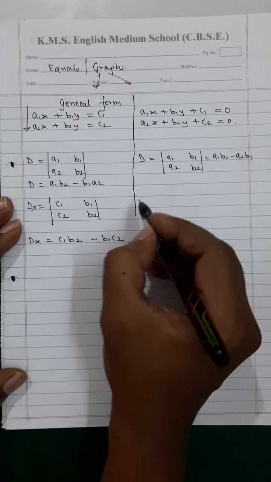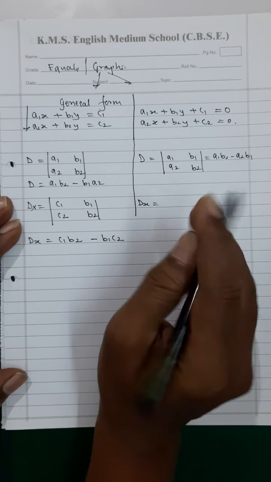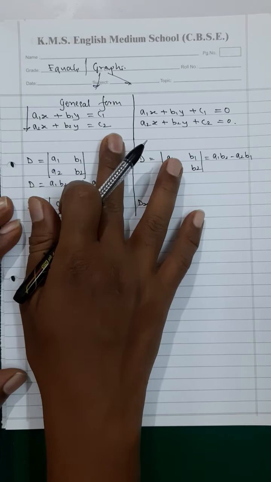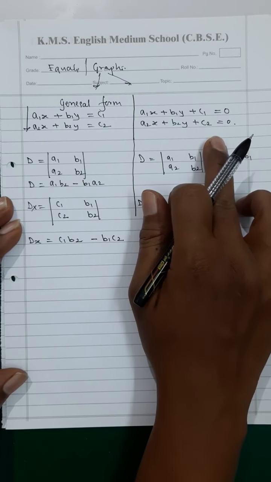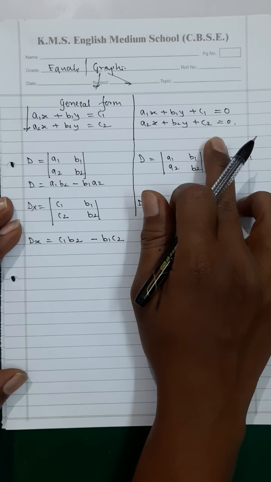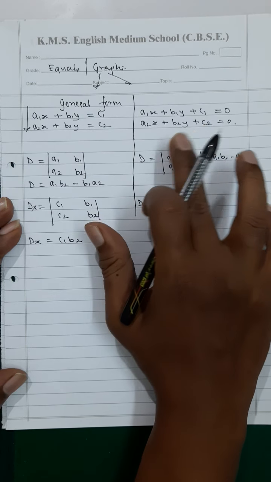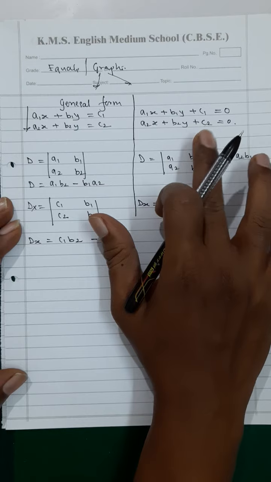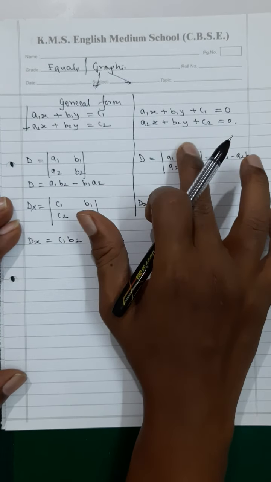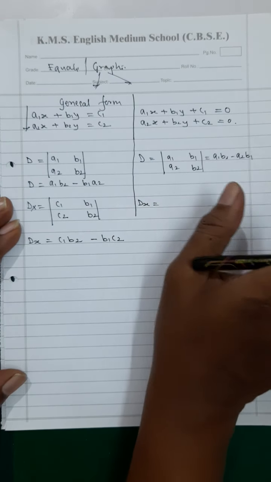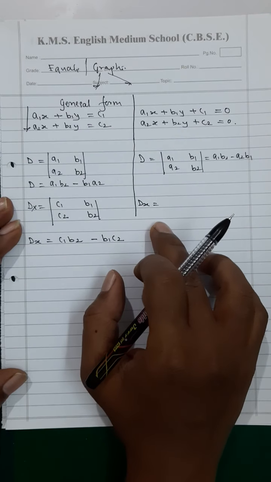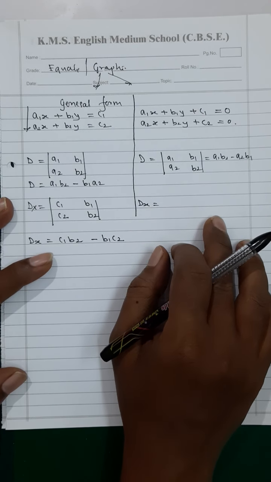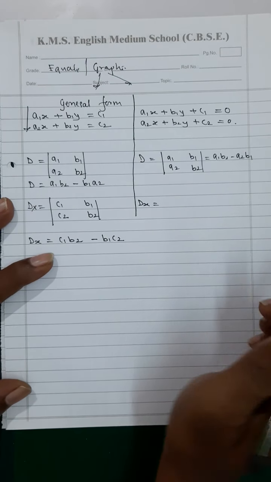But my dear students, if you go to the other case, here the signs of C1, C2 will be different. If you take this as the general form of linear equations, a1x plus b1y plus c1 is equal to 0, and you use the cross multiplication method, you have to be alert.